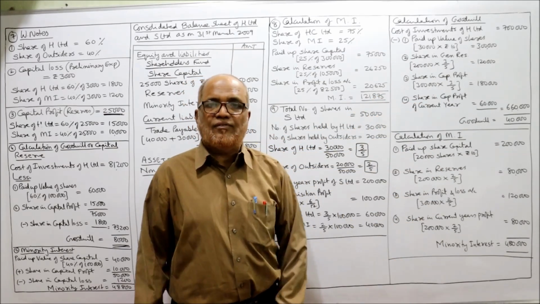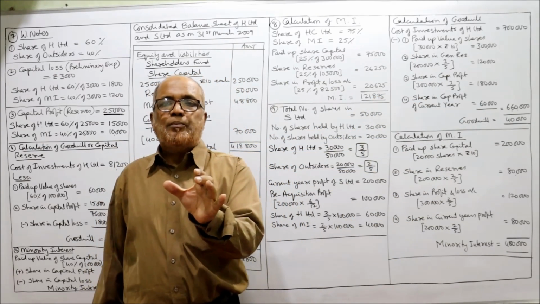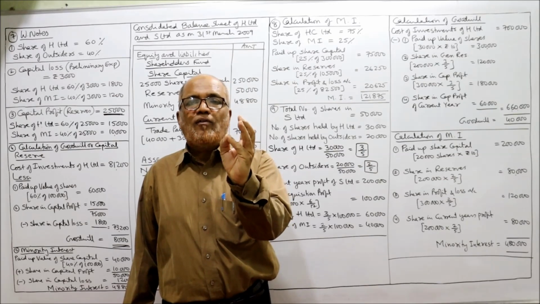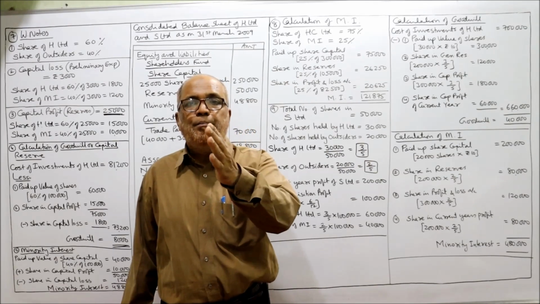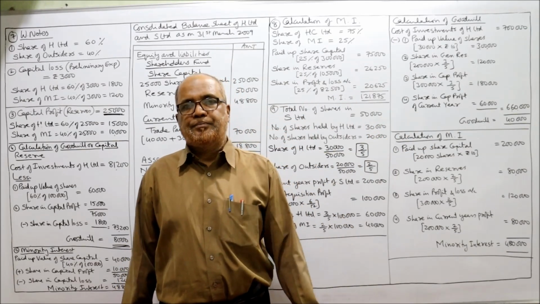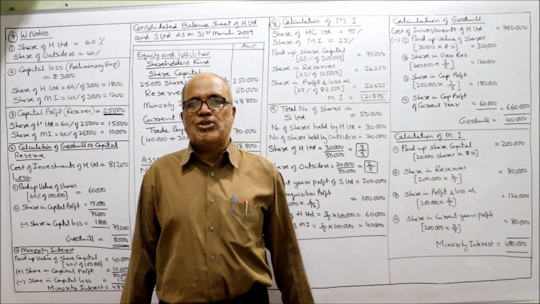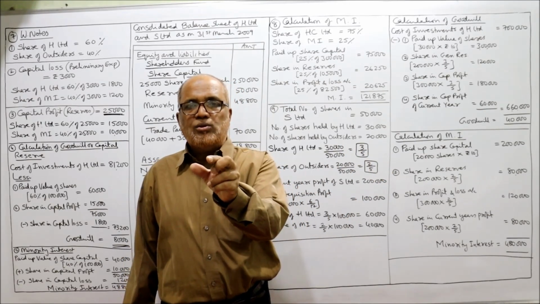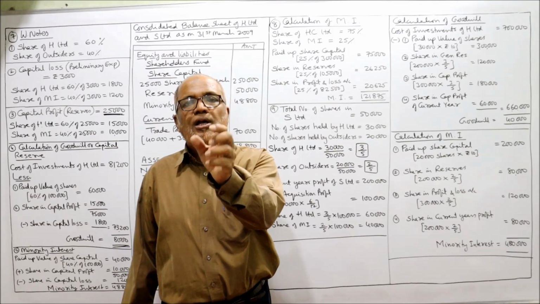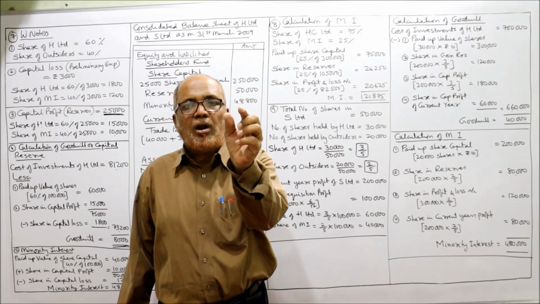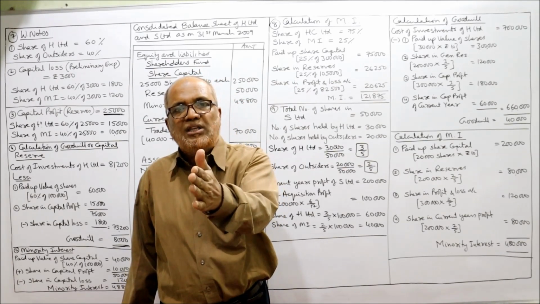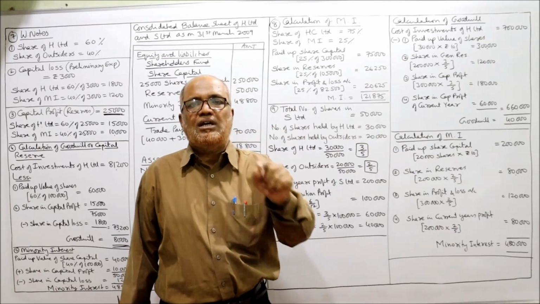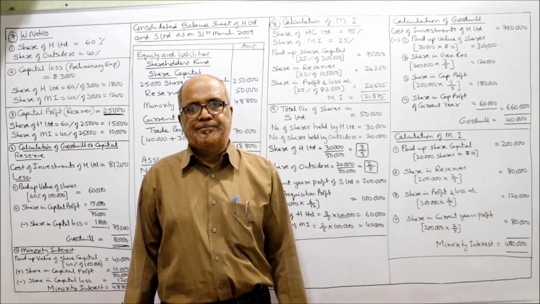Share in general reserve. I told you capital profit means the profit and reserves before acquisition. And 1/10/2003 is the date of acquisition. So any profit or reserves before this 1/10/2003 is a capital profit. Right?